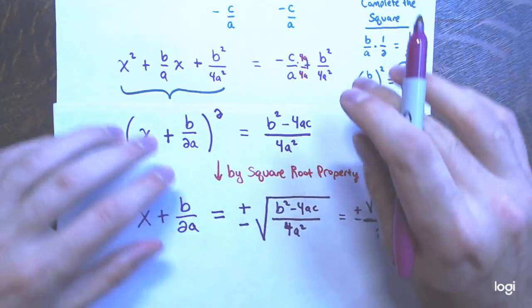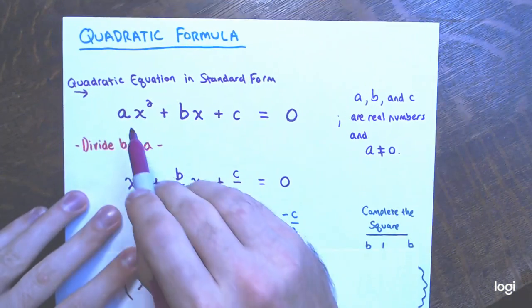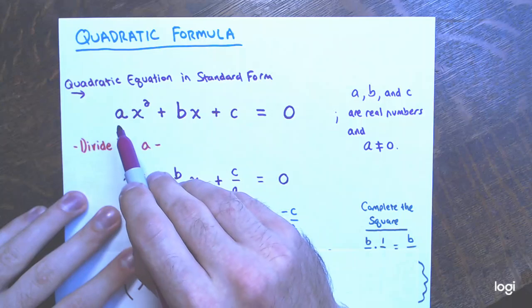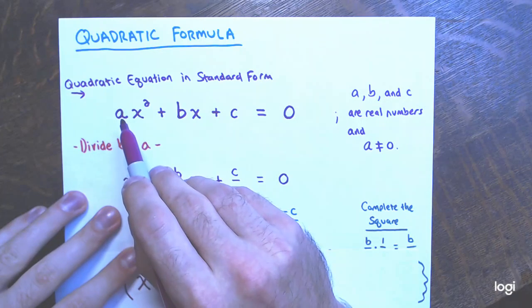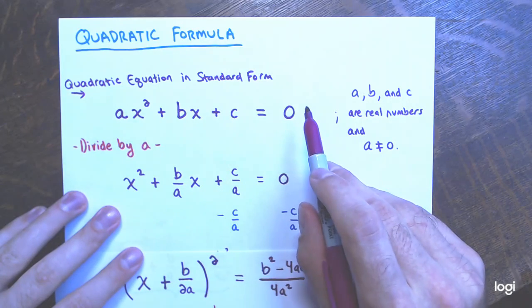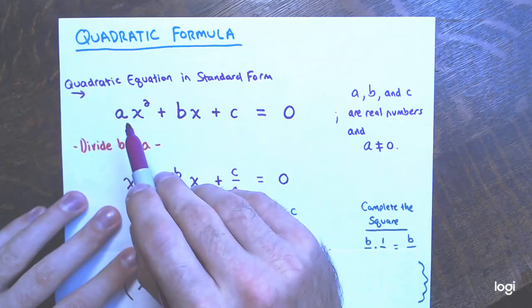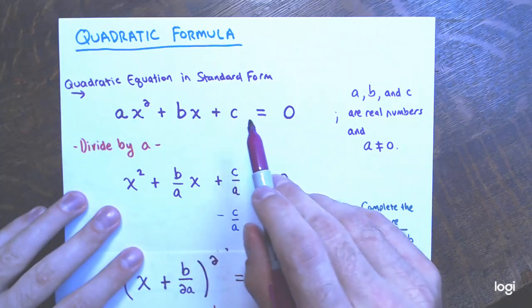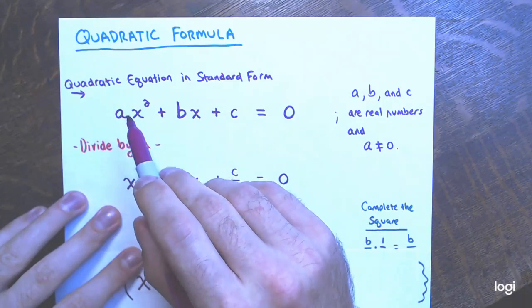But if I go back to the original equation, you can always make it so that the lead coefficient is positive. If it is a negative number to start with, you can just multiply both sides by a negative number, and then you'll have an equivalent quadratic equation with a positive lead coefficient.